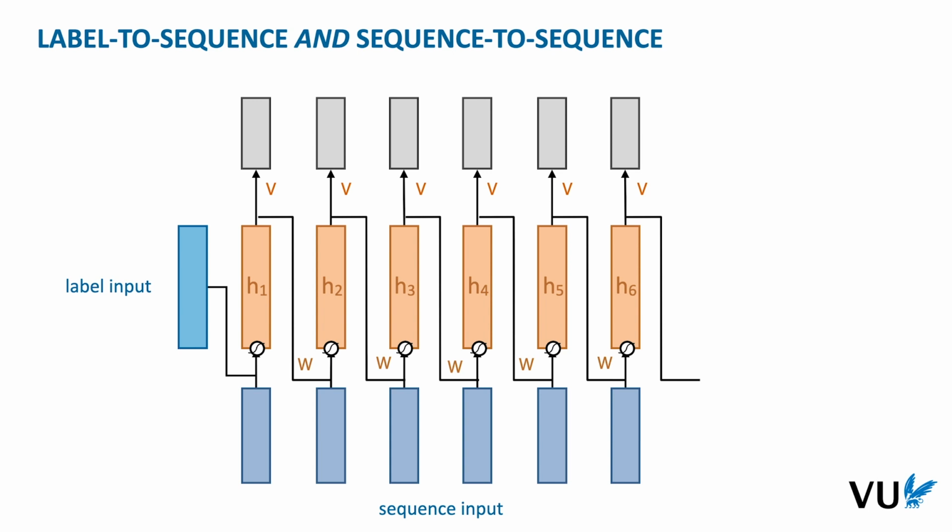So if you want to do label-to-sequence and sequence-to-sequence, feed the network both with an input sequence and a label input, then this is a very natural way to do that in recurrent neural networks. Note, however, that the other approaches that we saw in the previous video, like a repeat sequence and a global pooling layer, also work on RNNs, and in some sense are probably better options, because what you see here is that between the label input and the last output, there is a very long sequence of many computation steps.